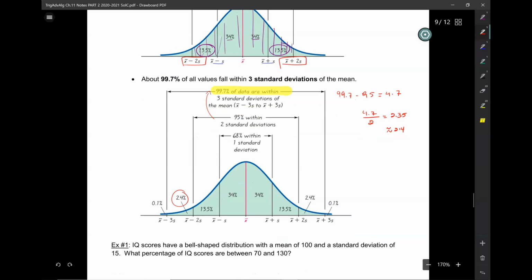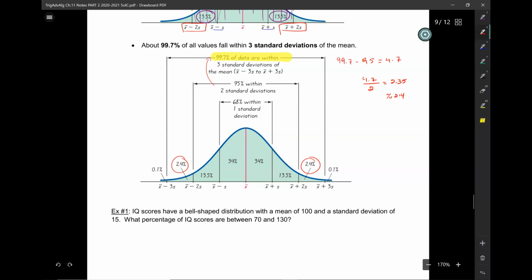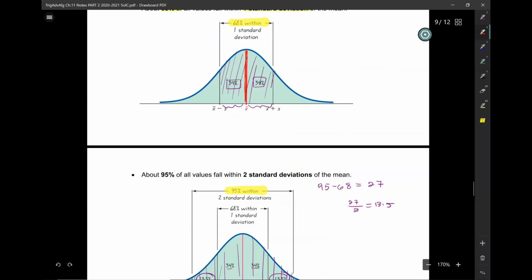So 2.4 here, 2.4 here. That's 98%, then 99.7%. And that leaves about 0.25, so we say it's 0.1%, 0.1%, literally on the edges. So this is the 68, 95, 99.7 rule, or the empirical rule.